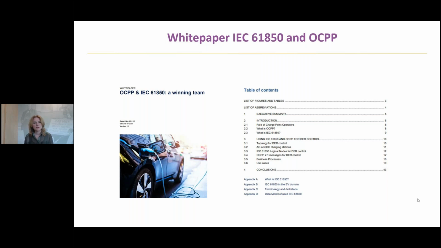And what we've done in this white paper is explain the combination of those two. So, on the one hand, to inform people working with OCPP what this 61850 standard is, what it does, and how it matches. And also the other way around, we try to explain to experts in 61850 what OCPP is, what it can do, and how the two can work together for charge infrastructure.